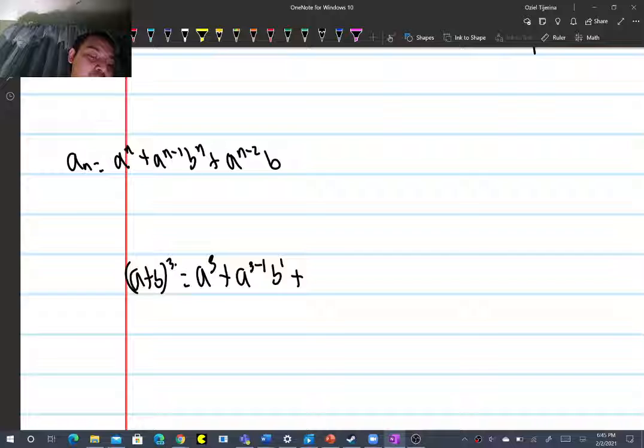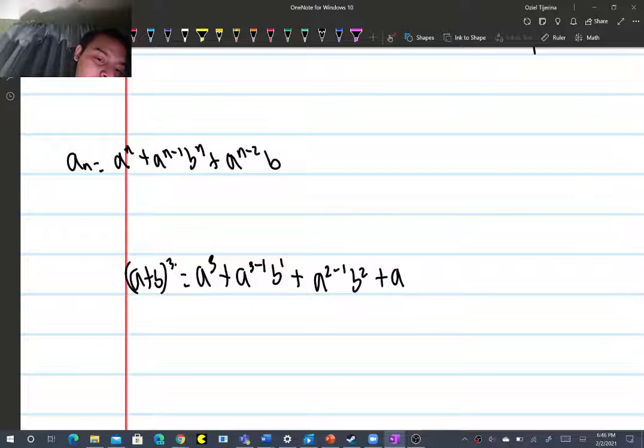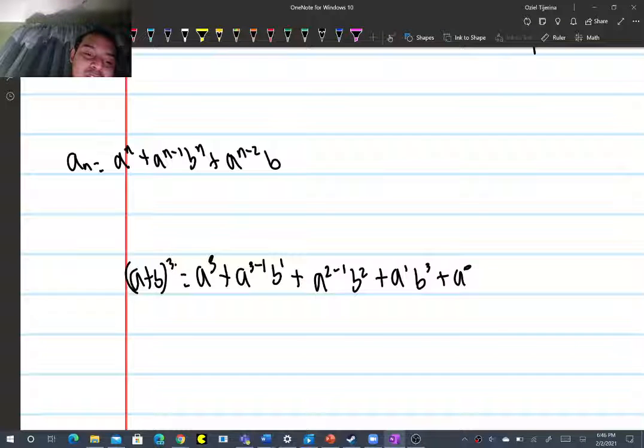So you have a cubed plus a to the 3 minus 1, b to the first, and then plus a to the 2 minus 1, b squared, plus a to the first, b cubed, actually.